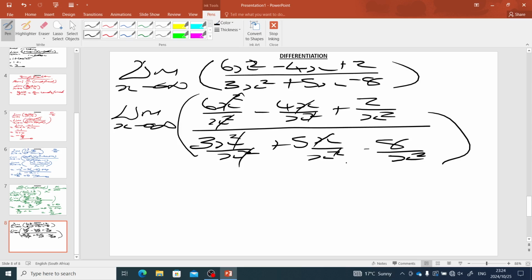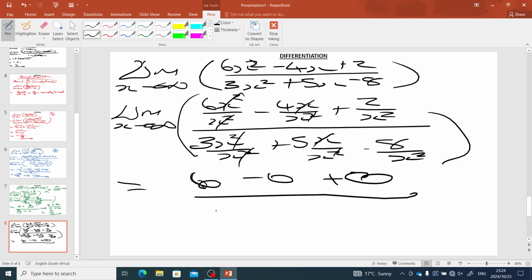It means here we are left with 6 minus 0 plus 0 divided by 3 plus 0 minus 0. That means our answer here is 2 because 6 divided by 3 equals 2. Now this is how we apply those techniques.